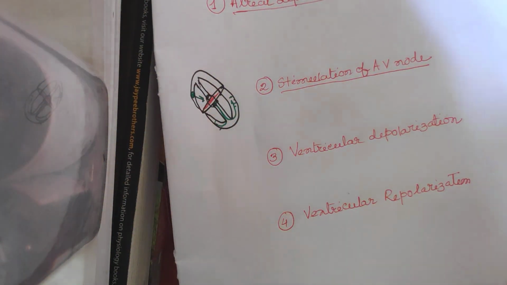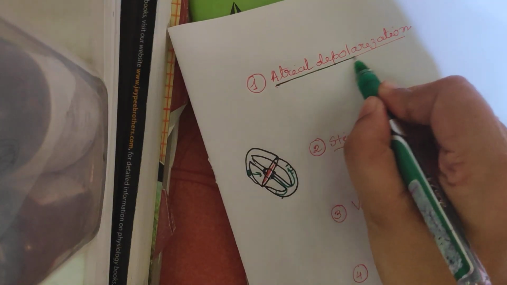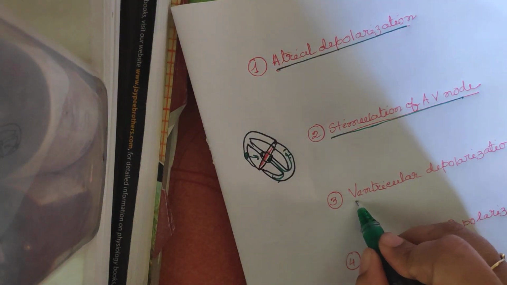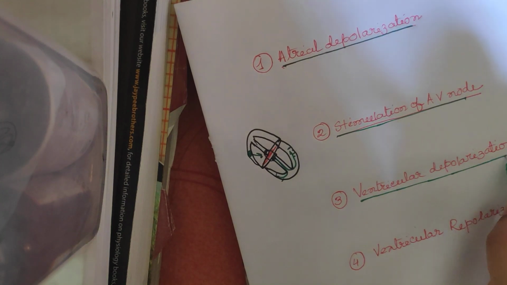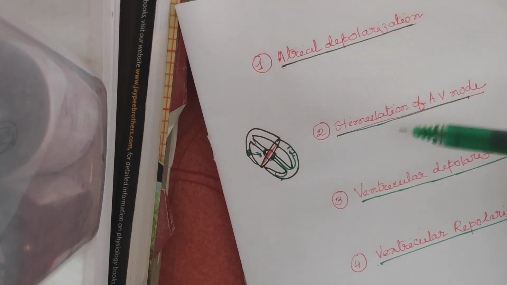So these are the electrical events. First is atrial depolarization, second is the stimulation of the AV node, followed by ventricular depolarization and ventricular repolarization.